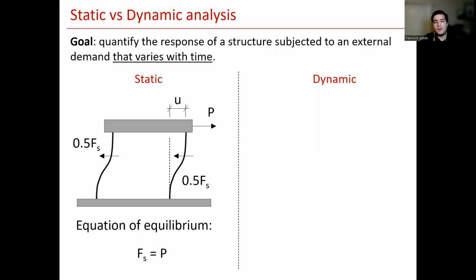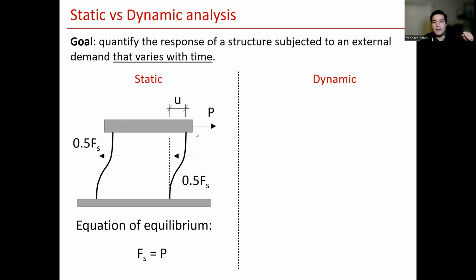You're all familiar with static analysis, most likely. For example, take a single degree of freedom structure like this, with two columns and an infinitely rigid beam. The only degree of freedom is lateral displacement, so movement of this mass on top to the left and right.